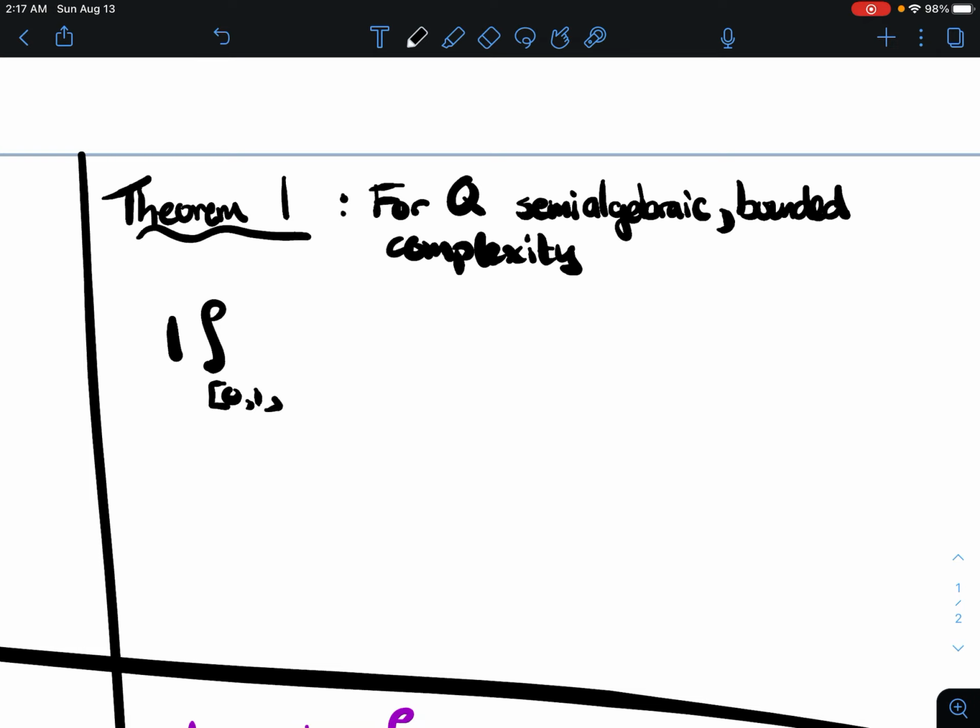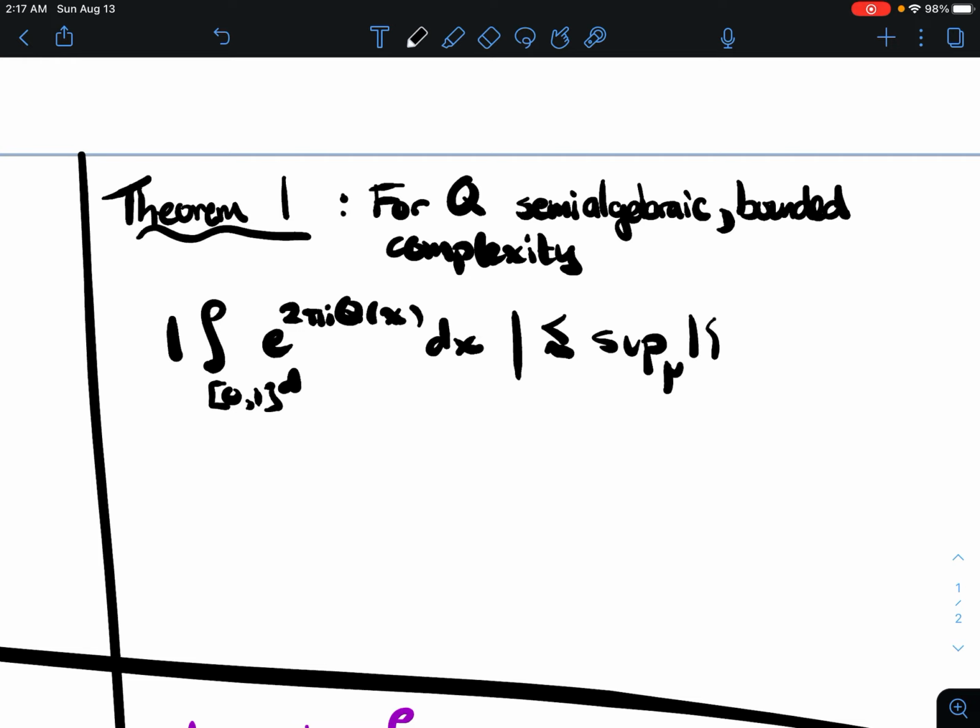Given that, if we take the oscillatory integral with Q as a phase, then the magnitude of this oscillatory integral is going to be upper bounded by bounds on the stationary set corresponding to that function Q. So given any stationary set bound, we can obtain an oscillatory integral bound. So we've got a successful result on that front.